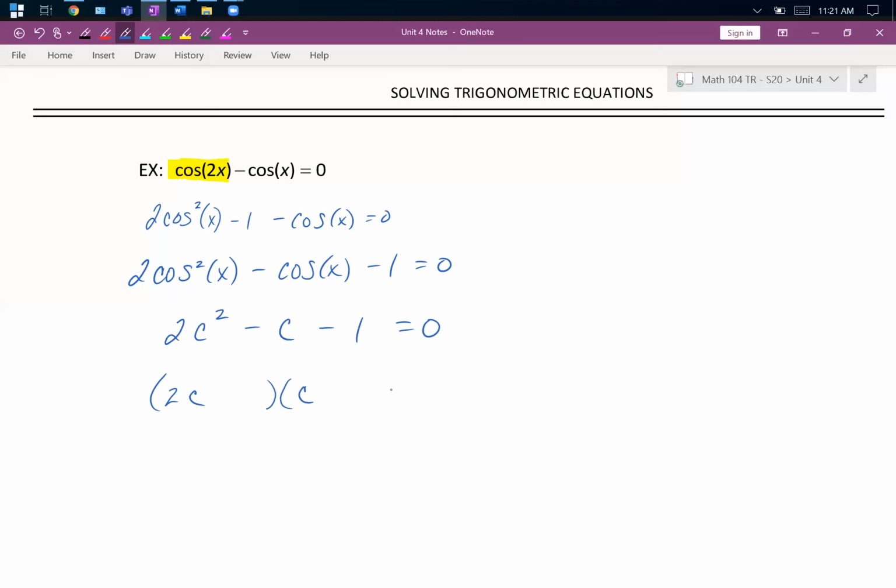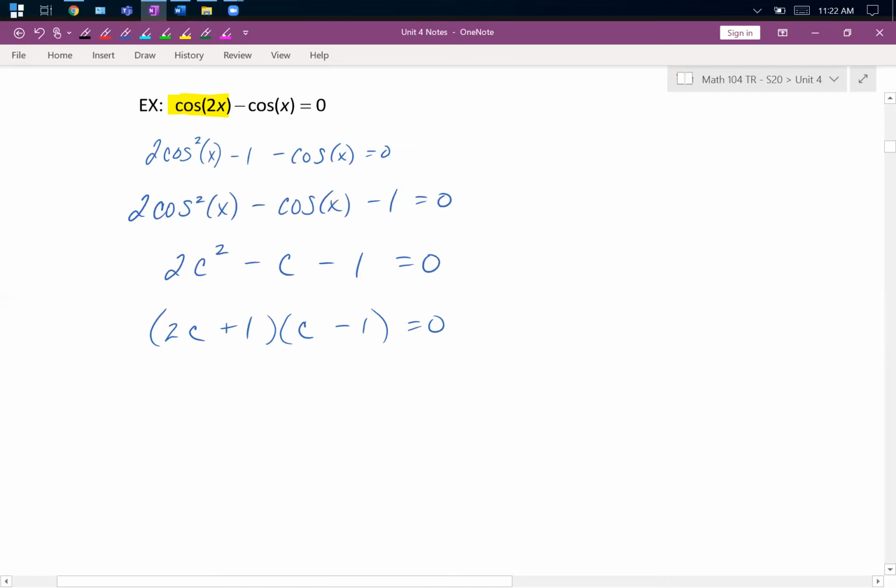That looks good. Factors into 2c plus 1 times c minus 1. And now that I've gotten through the algebra, I'm going to plug the cosine back in.